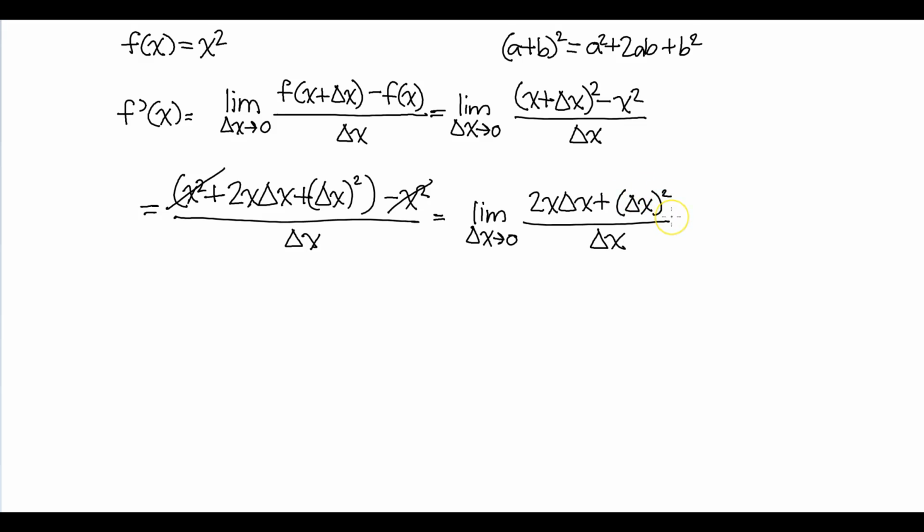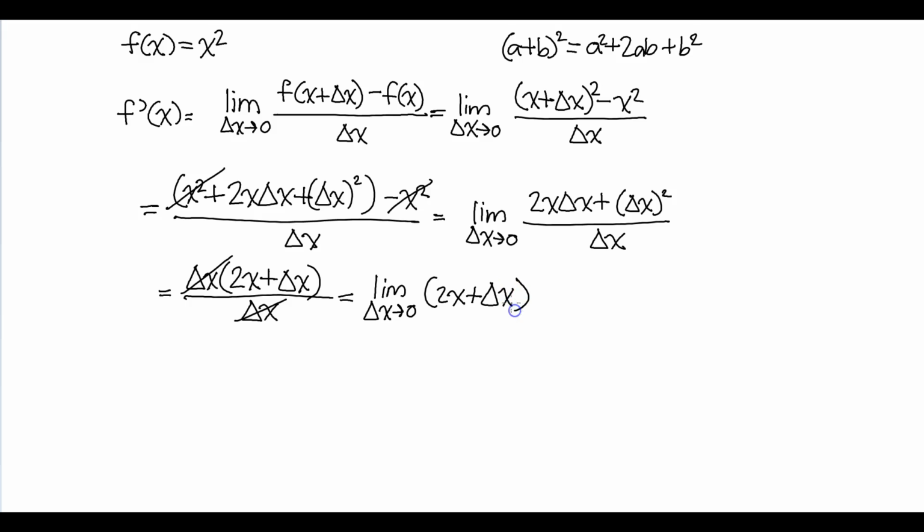So we're going to factor out the delta x in the numerator, since there's at least one delta x in both terms. And using the factored expression, look what we can do now. Cancel, cancel. So we have the limit as delta x approaches 0 of 2x plus delta x, which is a lot more manageable, in my opinion, because we just substitute in 0, and we get 2x.